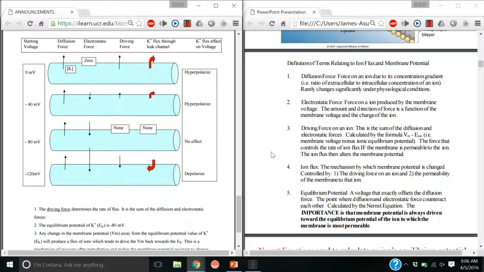Going to the other definitions, the diffusional force is the force on an ion due to its concentration gradient, which is the ratio of extracellular to intracellular concentration of the ion. The general point here in neuroscience is that the diffusional force rarely changes significantly under physiological conditions.